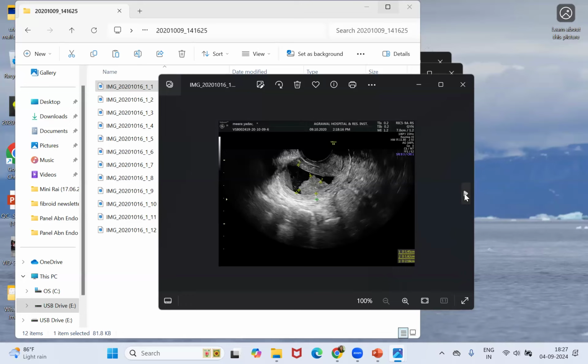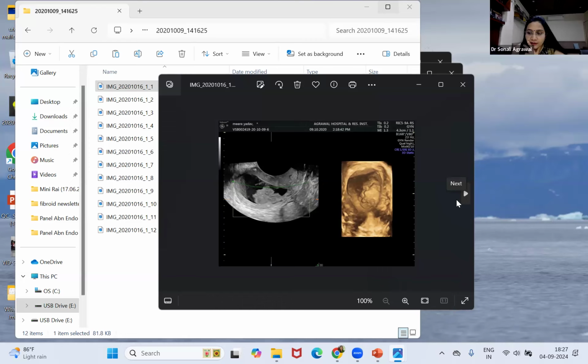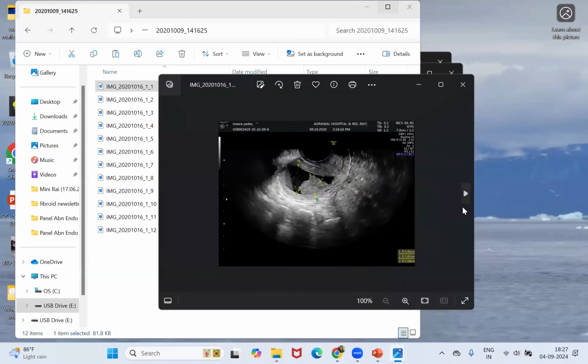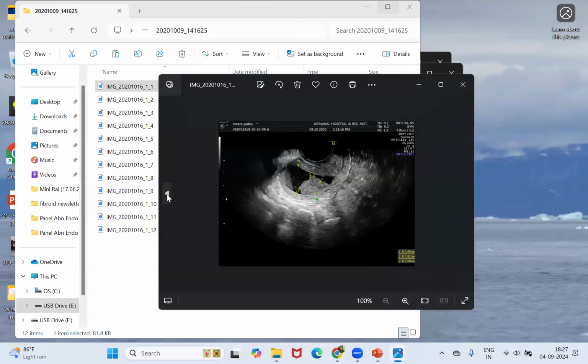Dr. Kalpana, would you? Yes, the whole of the endometrial cavity is filled with fluid, and it's a large mass covering. The 3D picture was also there, no? Yes, it's a large sessile mass, I would say, without the stalk, and the whole endometrial cavity is filled with fluid.